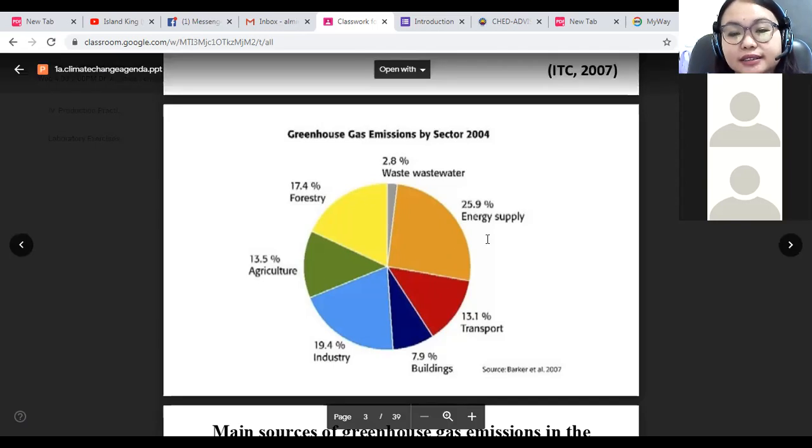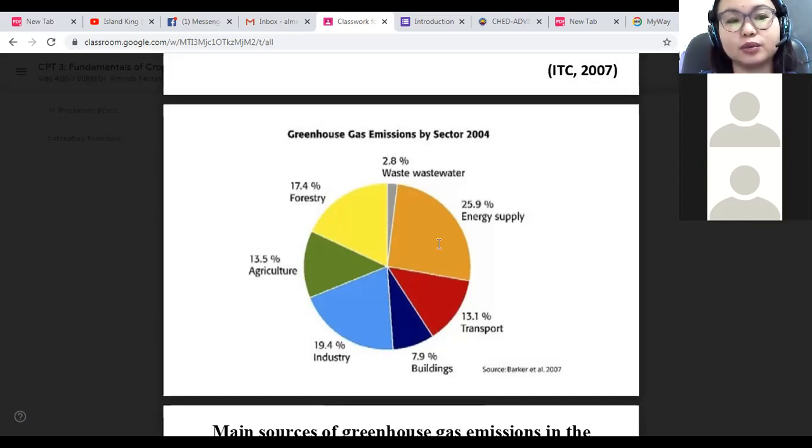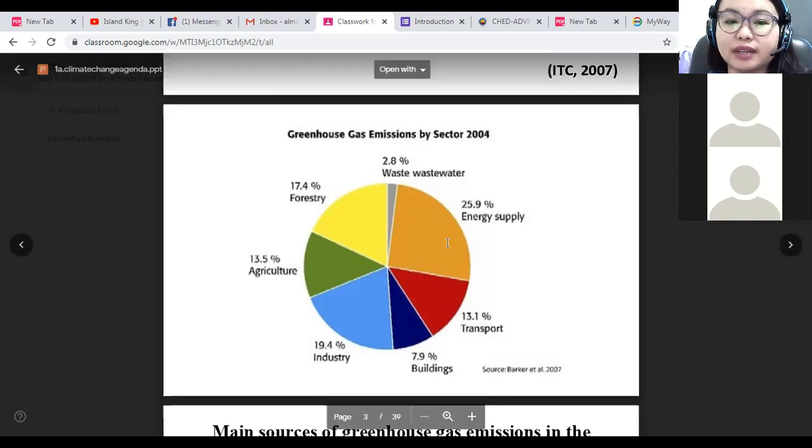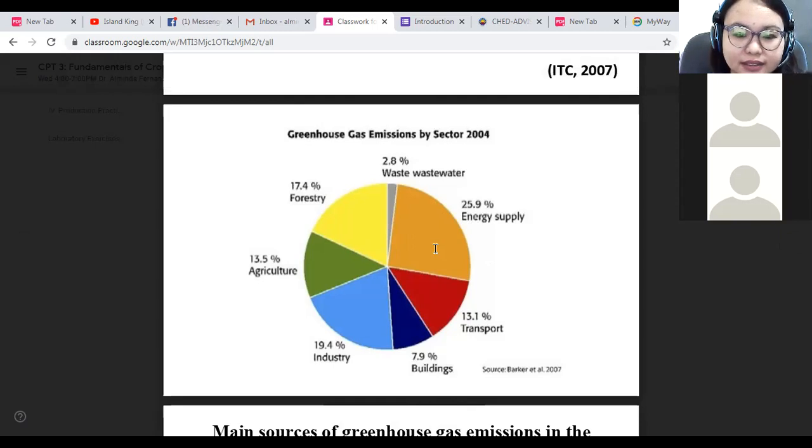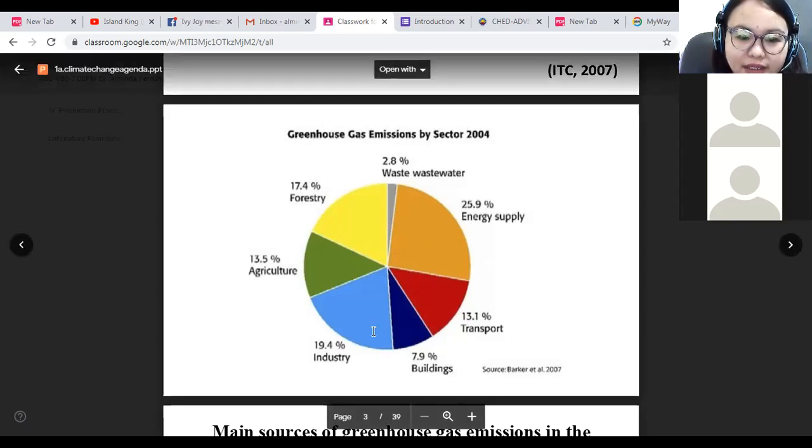Burning coal, because sometimes our energy is from waterfalls, natural. These are just natural energy supply. But for some, we generate energy from coal. They emitted greenhouse gas by 25.9%. So it's the highest, followed by the industry.